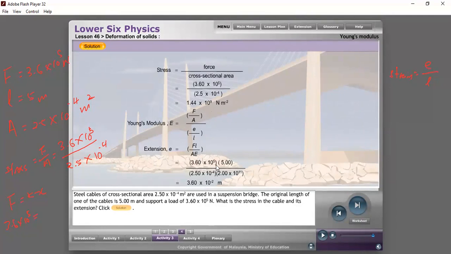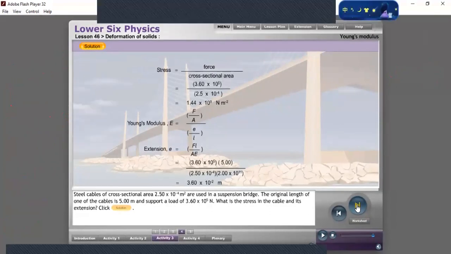You notice or not? The question does not provide us the Young's modulus value. So the Young's modulus value should be provided to us so that we can solve it.